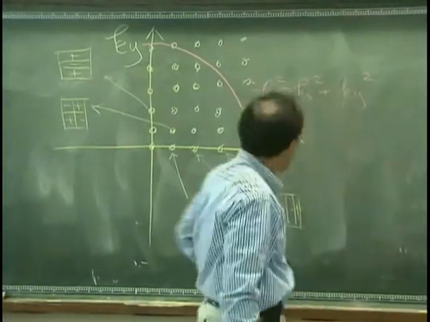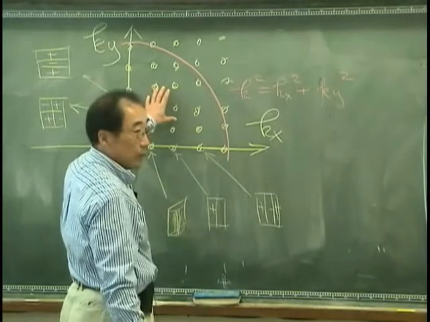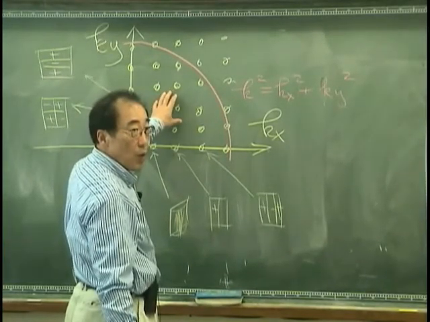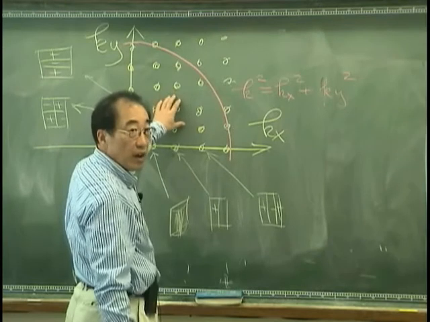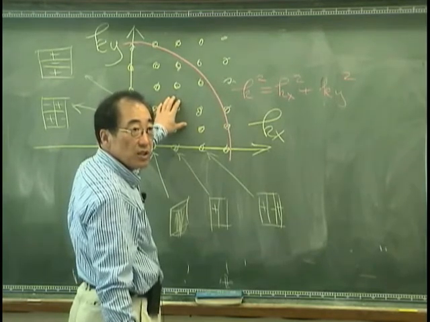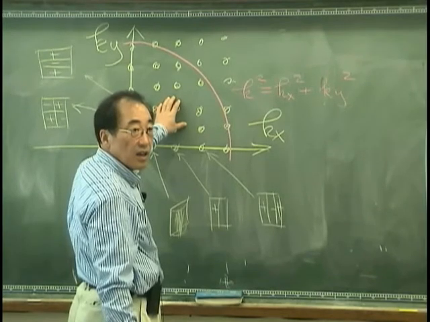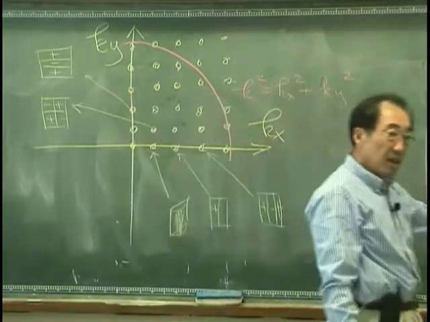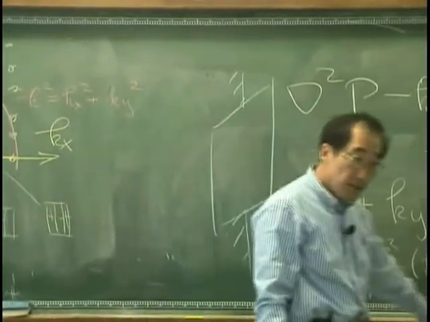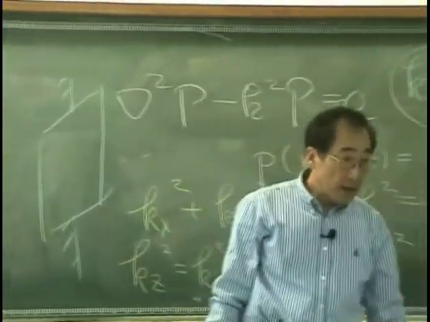Okay? What happens if I excite the plate with the omega that belongs to over here? Then in this region, Kz square is negative, right?